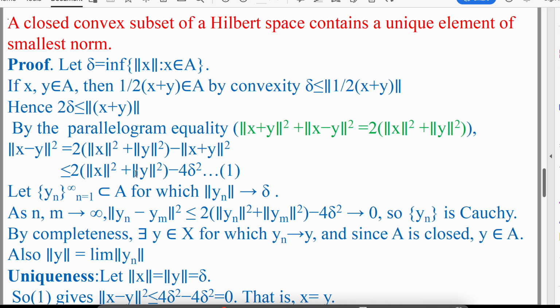So delta square plus delta square, 2 delta square, into 2, 4 delta square, minus 4 delta square equal to 0. But norm cannot be negative, so norm x minus y equal to 0 means x minus y equal to 0, or x equal to y. So a closed convex subset of a Hilbert space contains a unique element of smallest norm. The element which exists is unique.